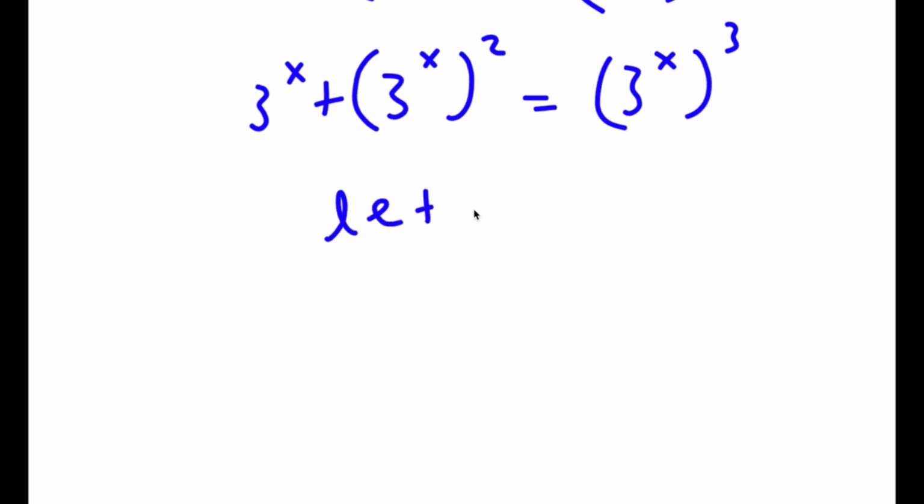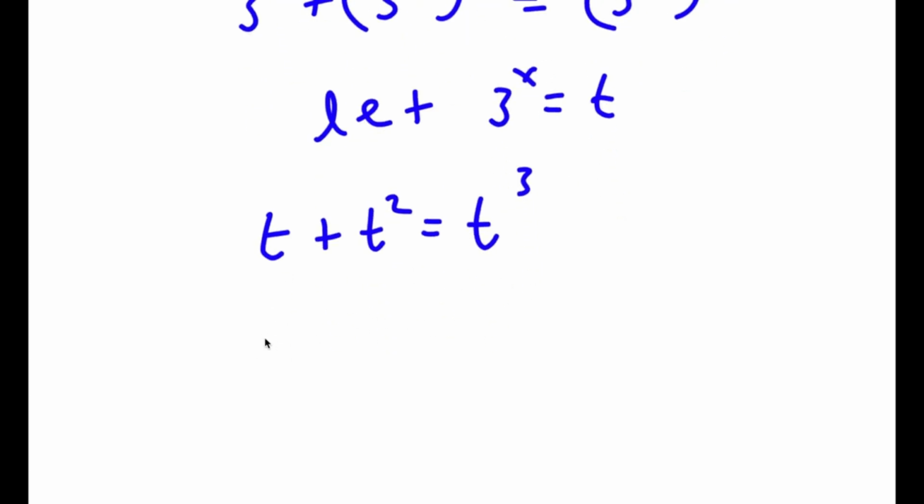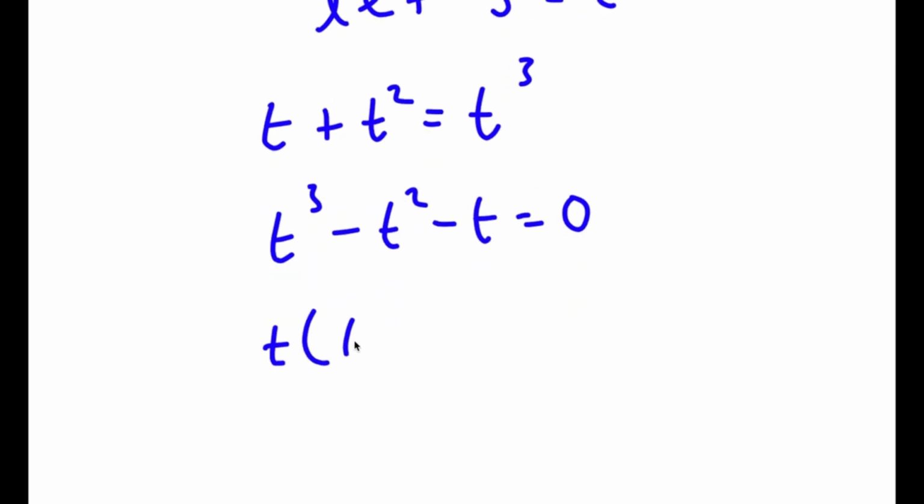Now if I let 3 to the power of x equal to the variable t, I'll have t plus t squared is equal to t to the power of 3. So now if I rewrite this, I can have t to the power of 3 minus t squared minus t is equal to 0. So now if I factor out t from this, I get t times t squared minus t minus 1 is equal to 0.